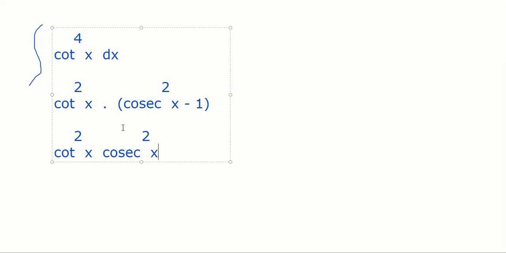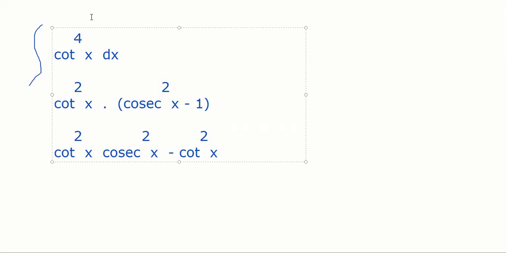So multiply cot square x here, so cot square x cosec square x minus cot square x. As of now, I have not started integration. I am only using the trigonometric identities yet.